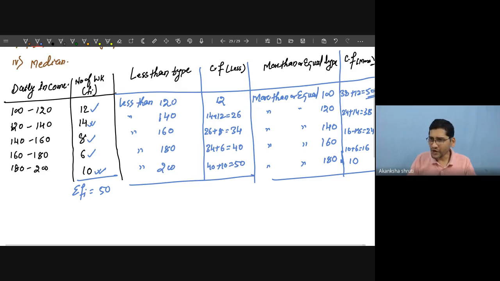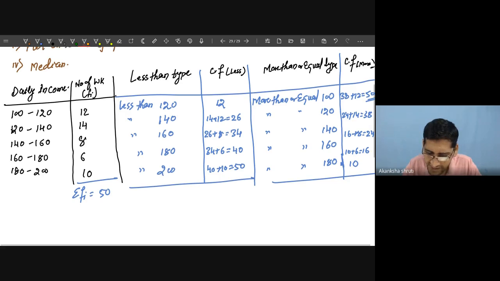So what are the plots that we need to do, student? The plot is always for the less than type or greater than type. Can you understand the plot that we have to do? I had already explained. So it will be 120, 12, because the upper limit is plotted on the x-axis.